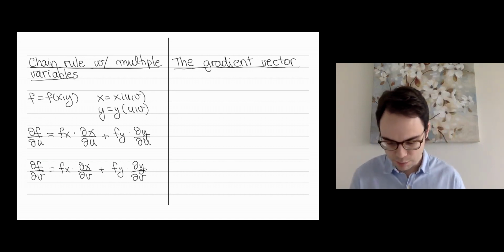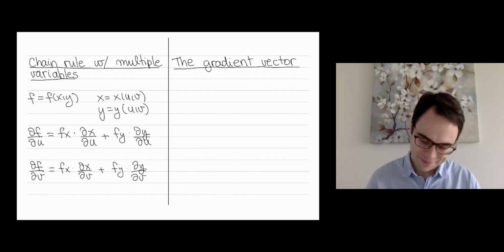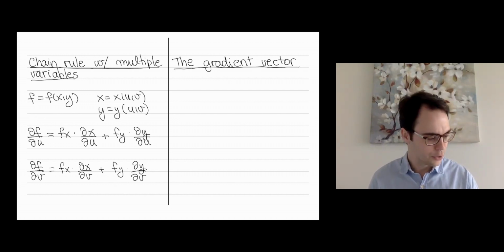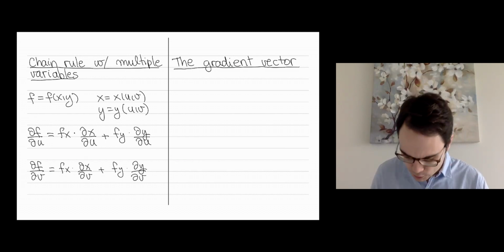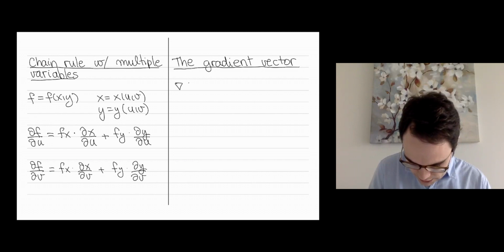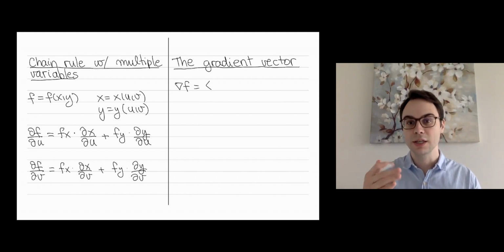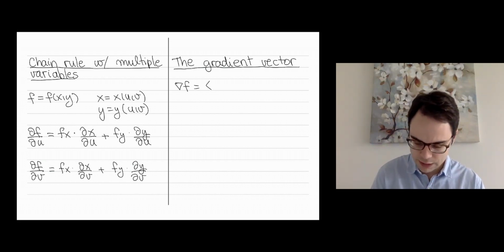Anyway, this probably would have made more sense after I told you what the gradient is, but I hope to have given you an idea that what I'm about to say is important. So the gradient is a derivative of a function with several variables.